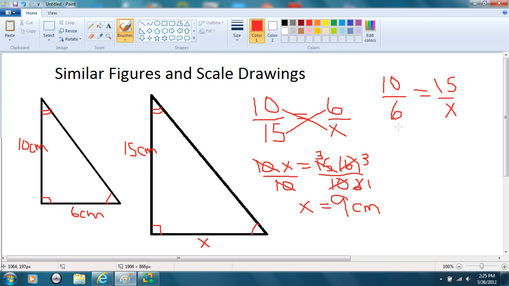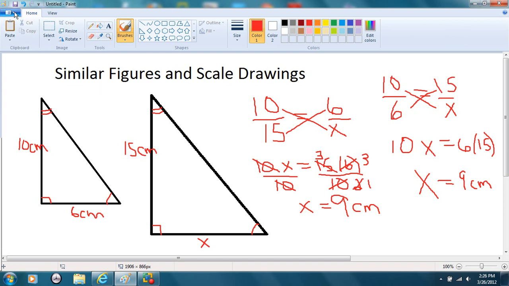And if I do my cross products, I get 10x is equal to 6 times 15, which is the same thing I did before. I can solve that for x again, and of course I'm going to get x equal to 9 centimeters again. So that's one thing we've learned about similar figures, similar triangles.